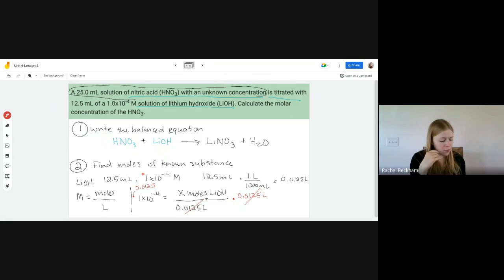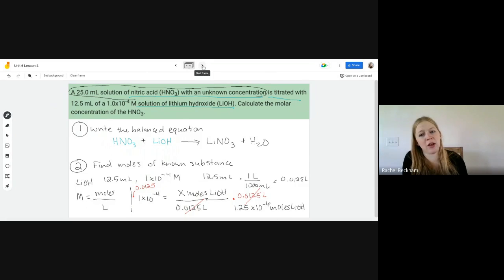So I need to do 0.0125 times 1 times 10 to the negative 4th. So I'm just doing this times that right there. And this is how many moles of lithium hydroxide I have. So I figured out how many moles of my known that I have.